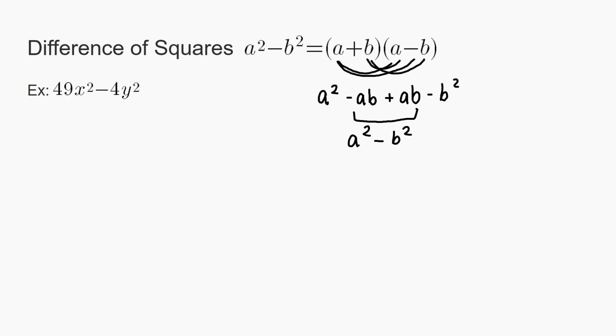So, for this one, we have 49x squared minus 4y squared. As you can see, these two are both squares. This one is a square of 7x, and this one is a square of 2y.